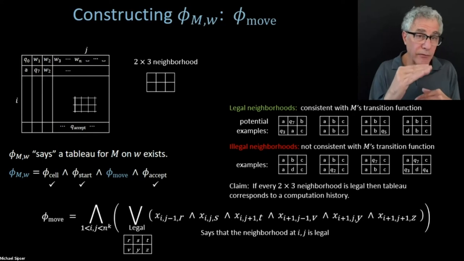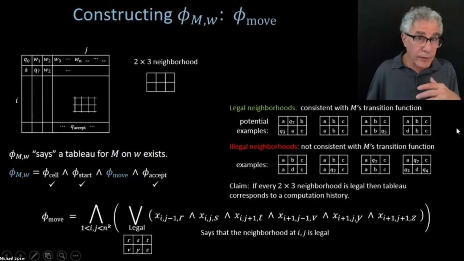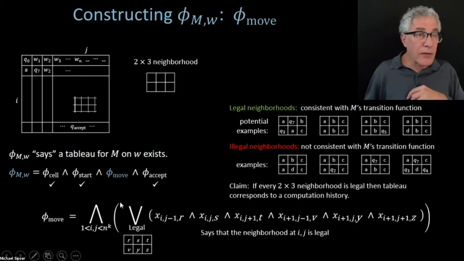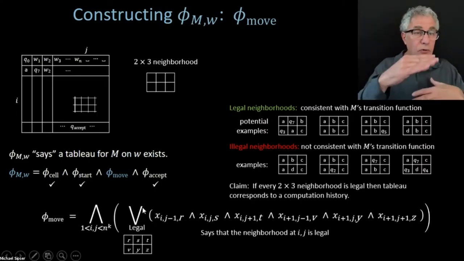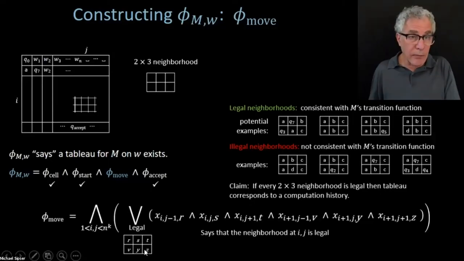There's going to be some fixed number of those. There's, say, 100 possible legal neighborhoods, of which I've written down 4 here. So now there's going to be an OR over those 100 different possibilities. It's either going to be this legal neighborhood or some other legal neighborhood or some other legal neighborhood.